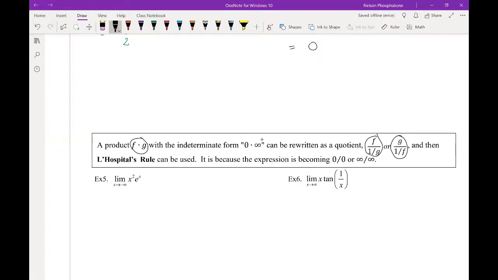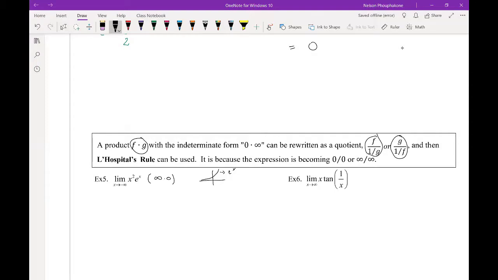When x approaches negative infinity of x squared, of course we know that this is infinity. However, to this one right here, remember e to the x, when x approaches negative infinity, is 0, right? So now we have an indeterminate form of infinity multiplied by 0.